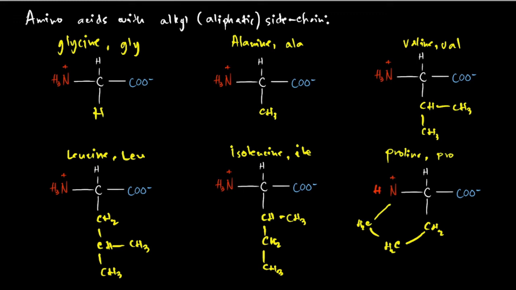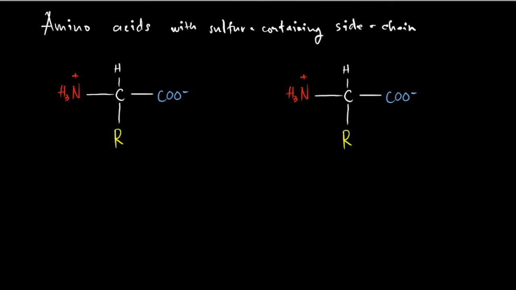And next, we have the sulfur-containing side chains. So again, since pare-parehas nga ang kanilang structures, I just copy-pasted the structures we had at the start of the video. So I will just go ahead and replace those R's with the sulfur-containing side chains.